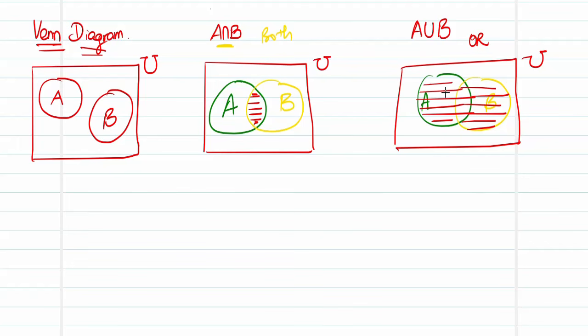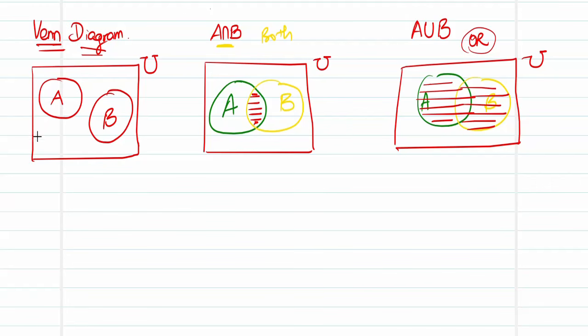It is a collection of A and B, both of them. A or they are going to be a part of B. This is how we represent union using the Venn diagram, and this is the way in which we represent intersection in our Venn diagram.